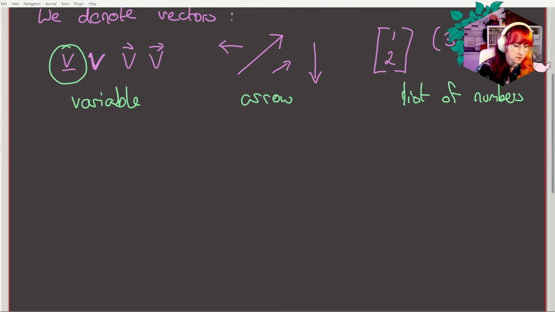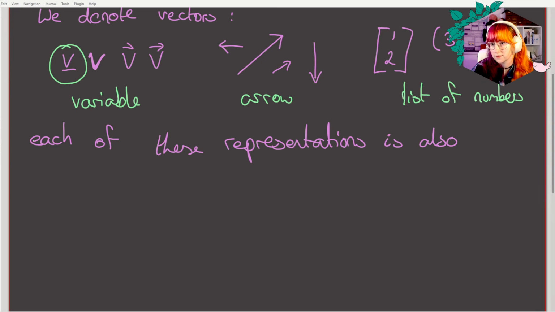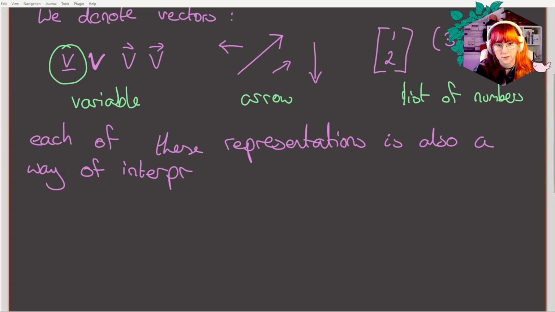So each of these representations is also a way of interpreting vectors.